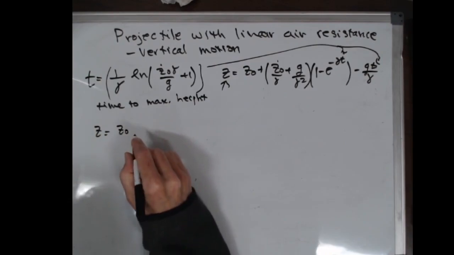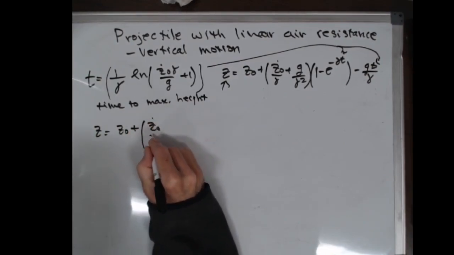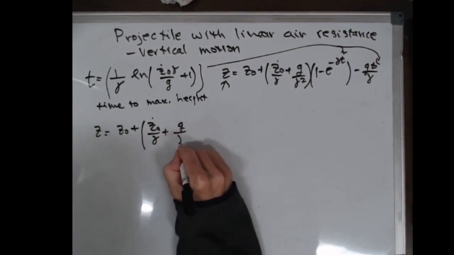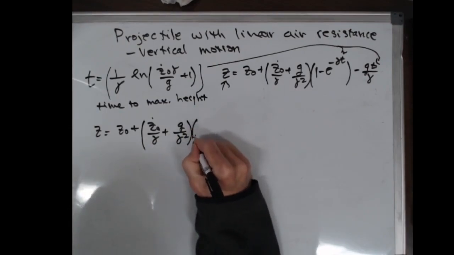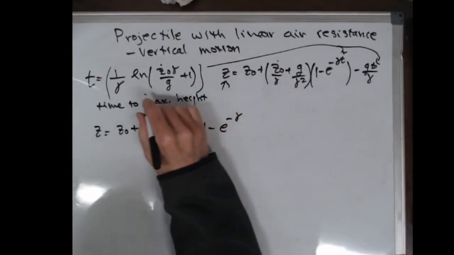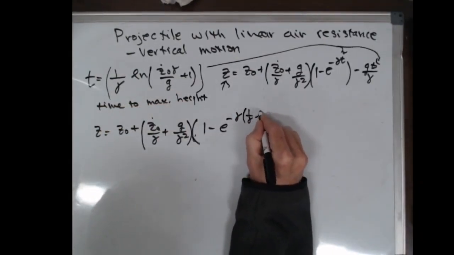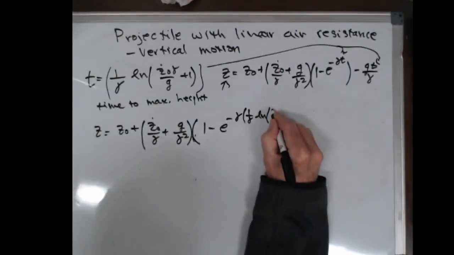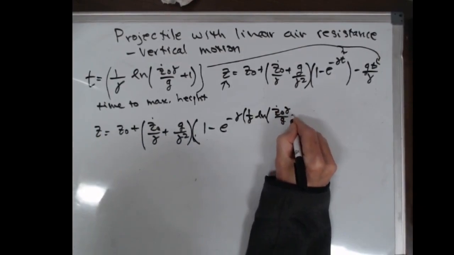This won't look too pretty, plus z dot naught over gamma plus g over gamma squared. That's this term times, and so this one will simplify a little bit. It's 1 minus e to the minus gamma times the time, which is this thing in parentheses. And so I'm going to write that as 1 over gamma log of z dot naught gamma over g plus 1.